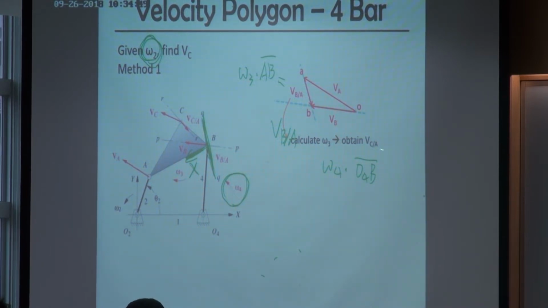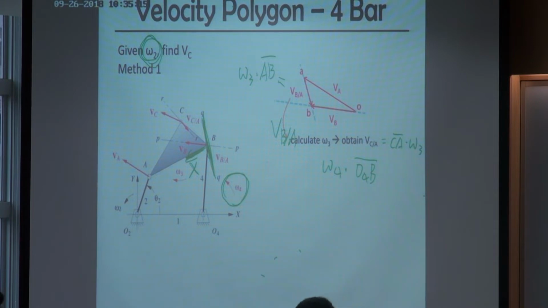I think we can use this omega 3 to find VCA. How can we use omega 3 to find VCA? VCA is C relative to this point. So VCA is actually CA times omega 3.